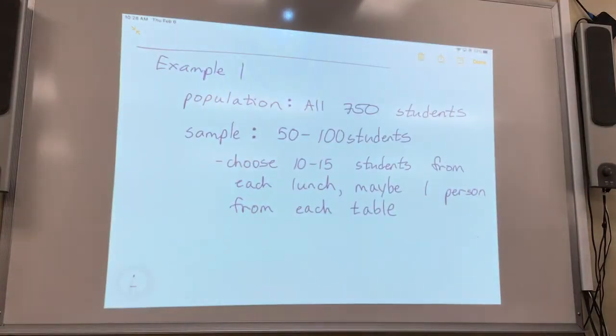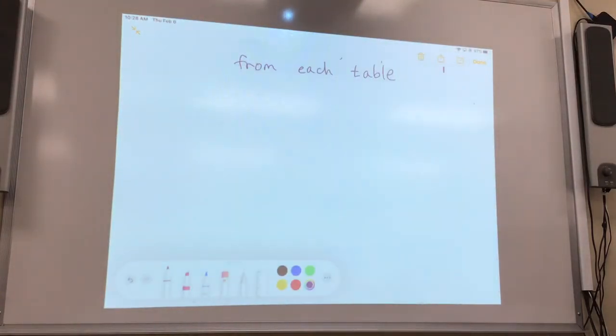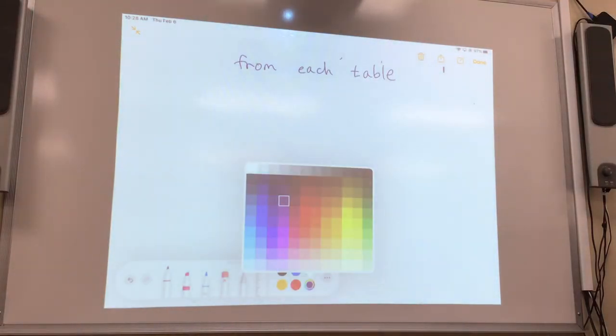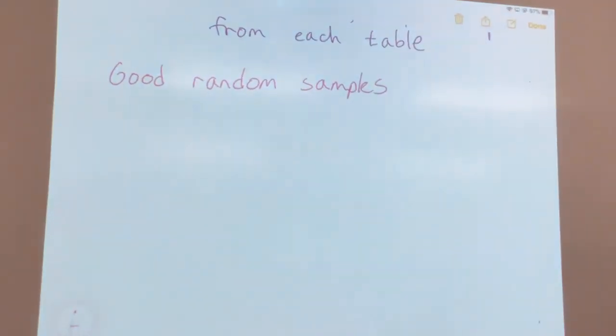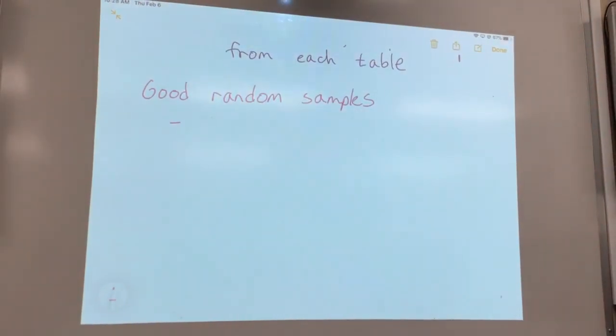Okay, so I want you just to write one other thing down on your notes. Let's do some examples of good random samples. Good random samples are drawing from a hat. That is usually a representative sample.